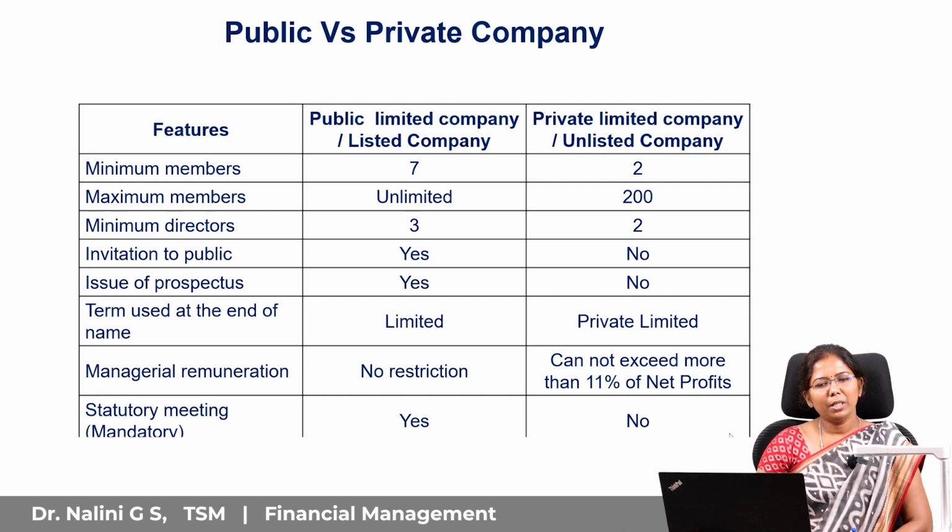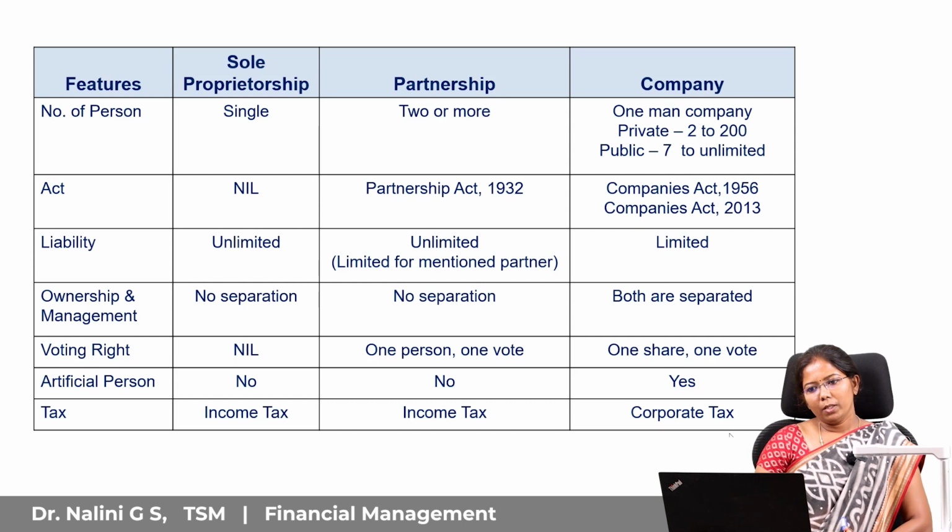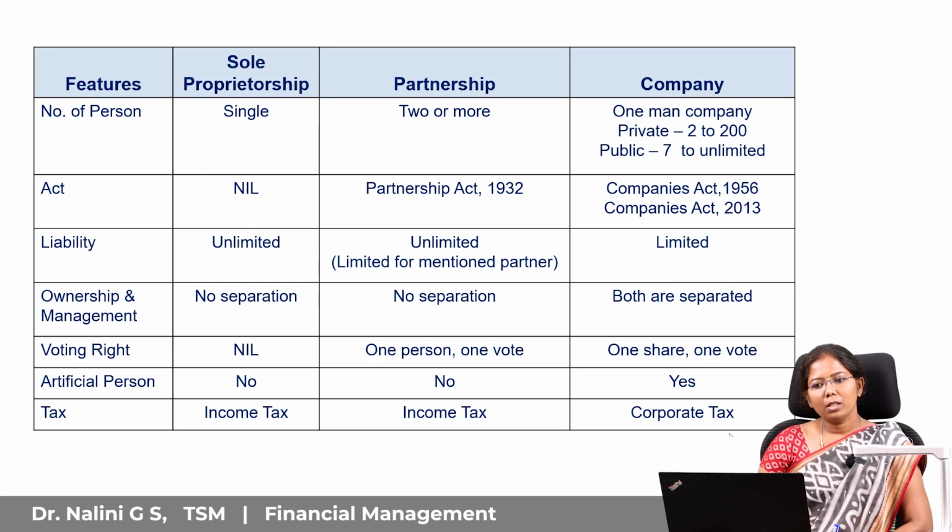As long as the company is a private company, everybody cannot take part, everybody cannot buy the company shares because it is privately held. When it is a public company, anybody can buy these shares because it is available in the public domain. So this table shows the differentiation among these three forms of business organization.